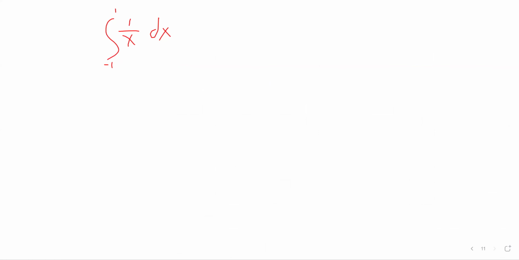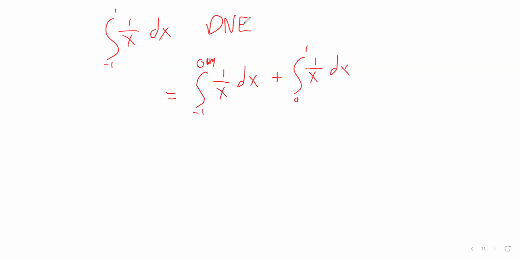But what you actually get is that this does not exist. Because when you break it up, we've already found, as our very first example, that one of those integrals does not exist.